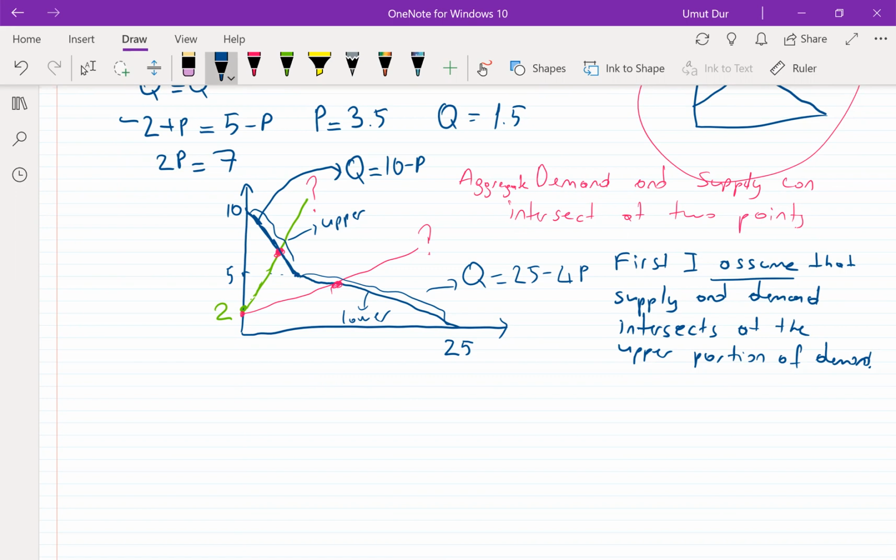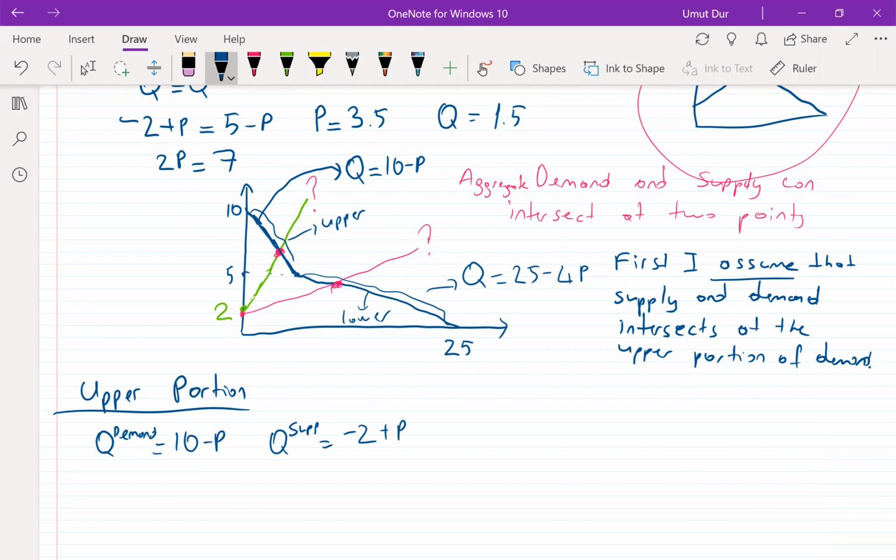If they intersect at the upper portion, Q demand is equal to 10 minus P. Q supply is always the same: it is minus 2 plus P. Then I'm just looking for the intersection. 10 minus P equals minus 2 plus P, so 12 equals 2P, which gives us P equals 6 and quantity is 4.